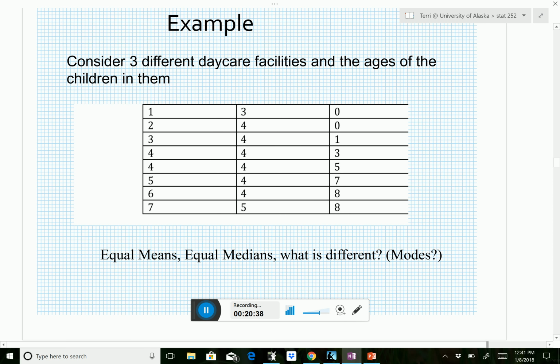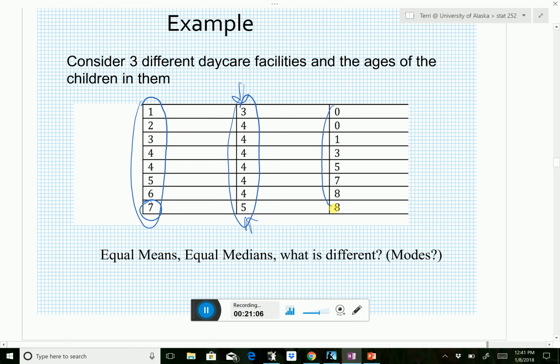So I want you to consider these daycare facilities for children. Let's say we have these 3 daycare facilities, and they're all very different. This one has all ages. You have a 1-year-old, you have a 7-year-old, very, very different. This one looks like it only goes from 3 to 5, so it looks more like a preschool.